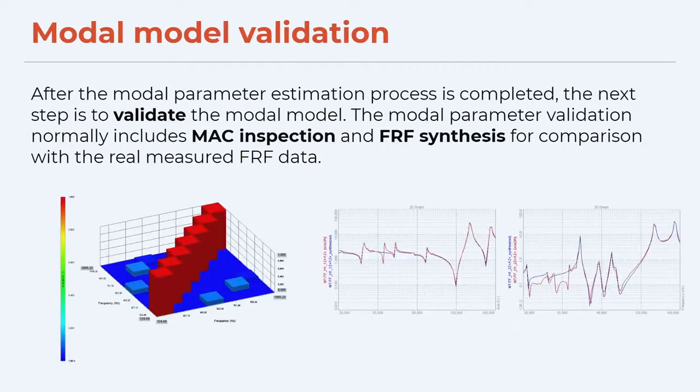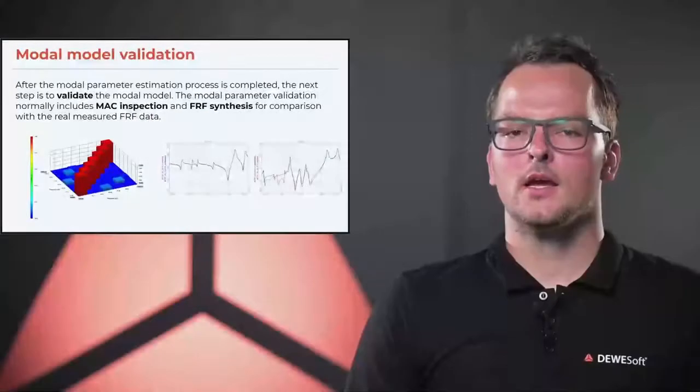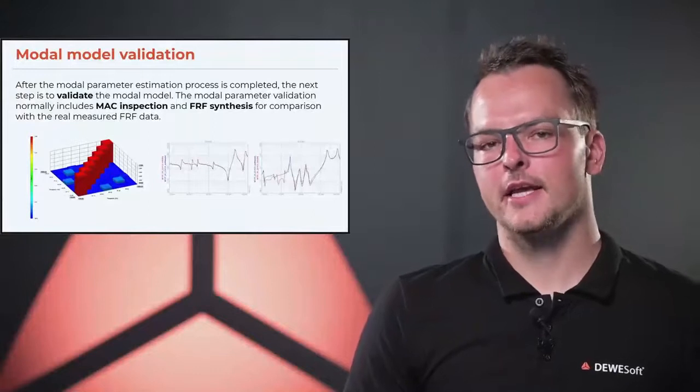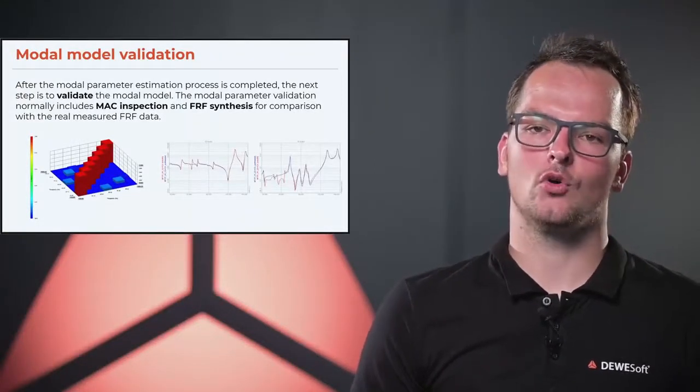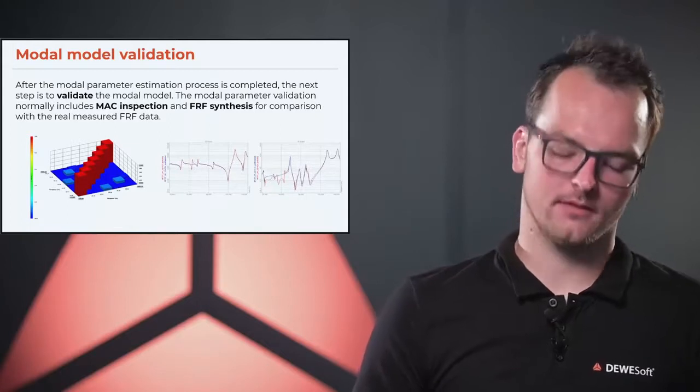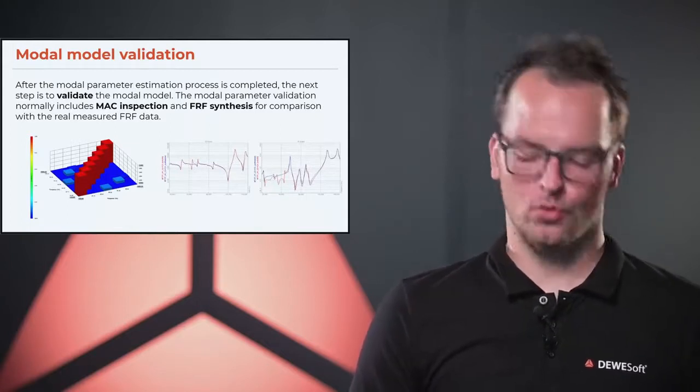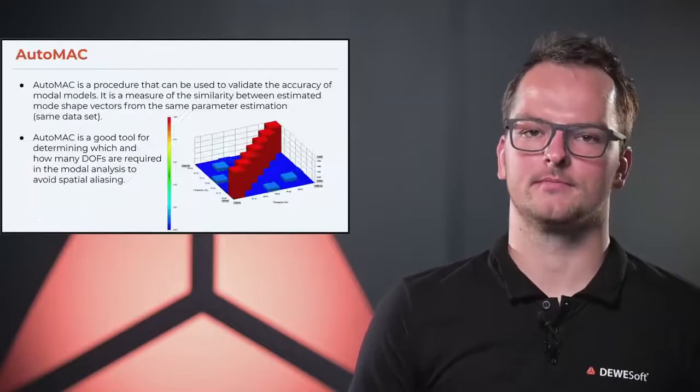After we acquire this data, we need to make a model validation. This is the next step after the model parameter estimation process is completed. This validation usually includes the MAC inspection and also FRF synthesis for comparison with real measured FRF data.